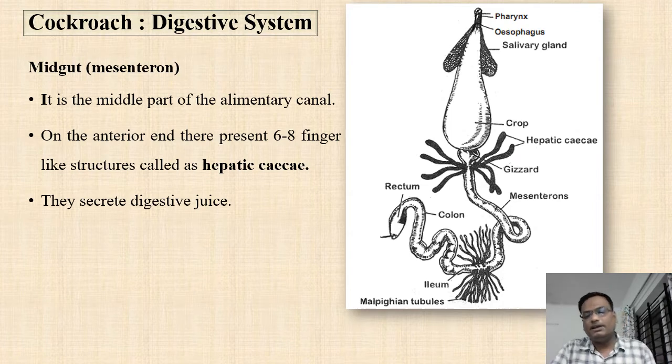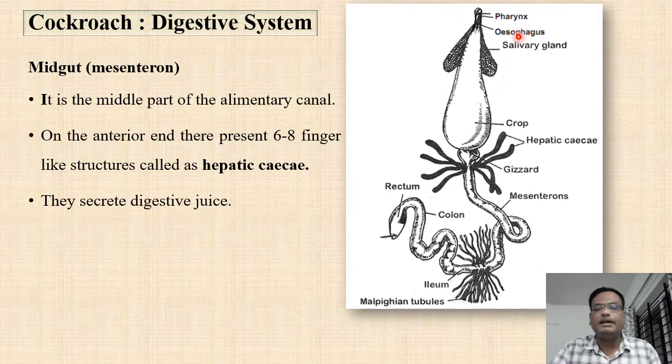Now hepatic caeca are the glands. They secrete juice which contains the digestive enzymes. So digestive enzymes are going to be secreted into the midgut part, and midgut is the place where the digestion is going to take place. Now, along with the hepatic caeca, we also find salivary glands.